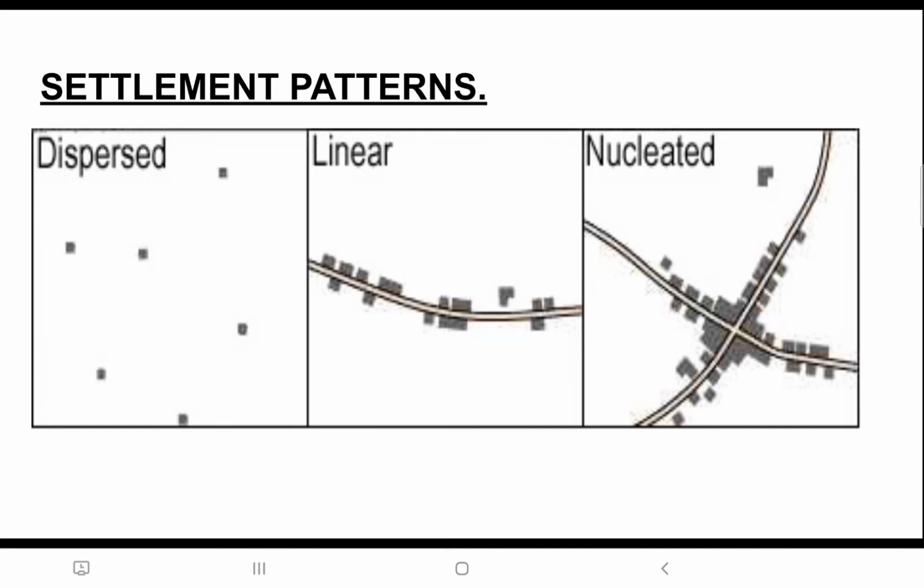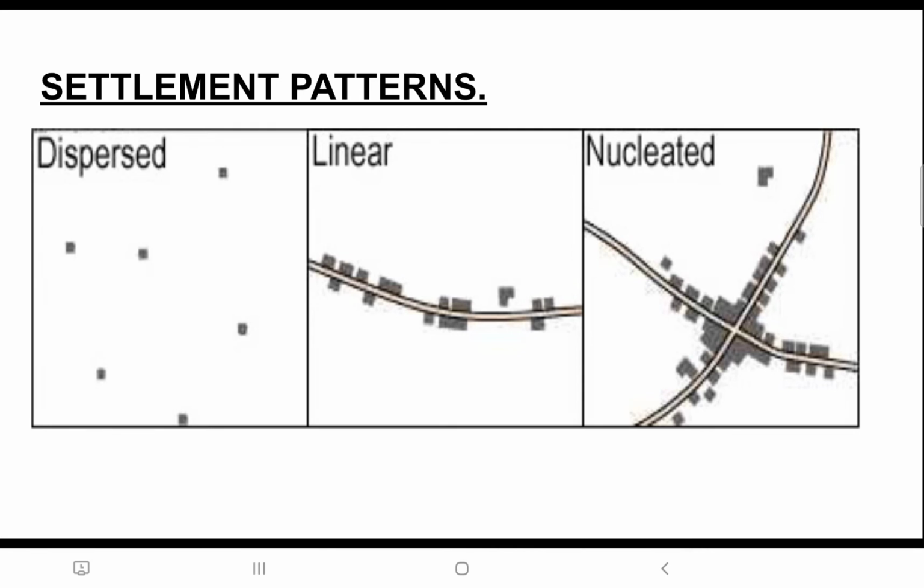So the reasons for this nucleated settlement is that people can enjoy the social benefits of having neighbours and living close to each other. They may have easy access to services like shops and schools. Everything's close together. So being close to others may also be helpful for defense. This would be in any times of attack, if everybody's close together, they can defend themselves more easily.